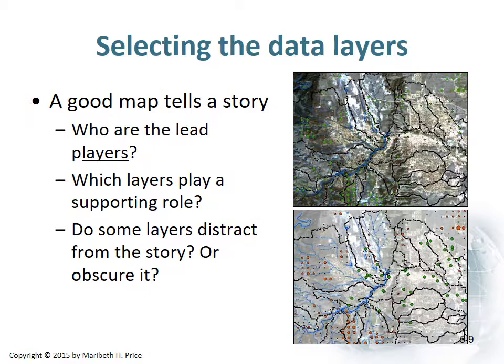And if there's information, data sets, for example, that don't really add much to the story or detract from the story, we may decide to eliminate those data sets from the overall map design process.